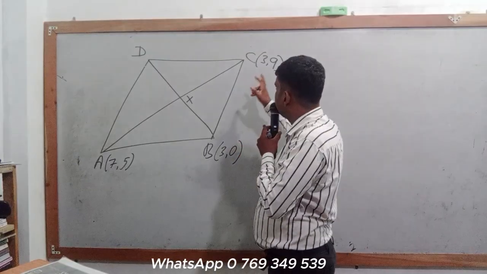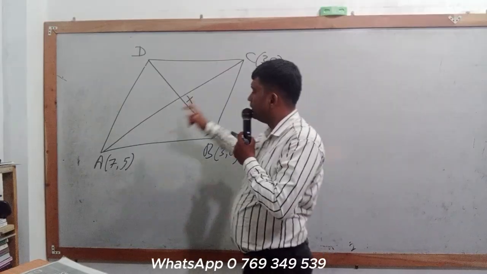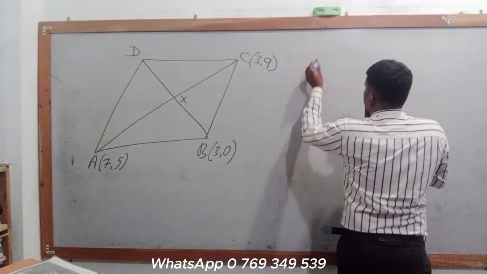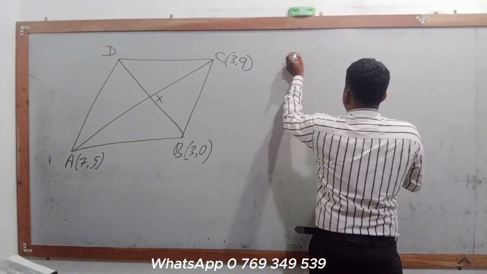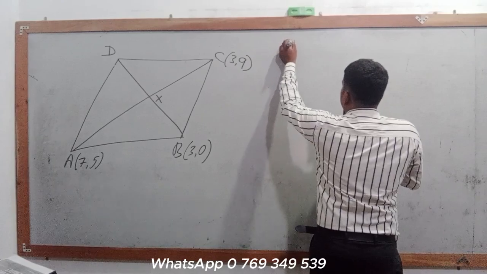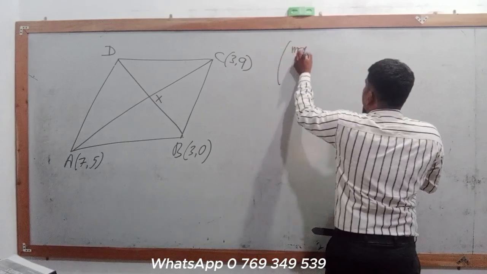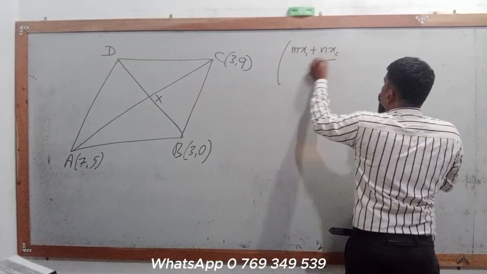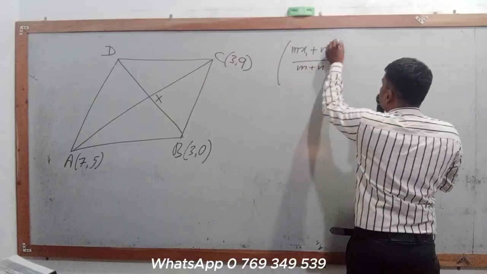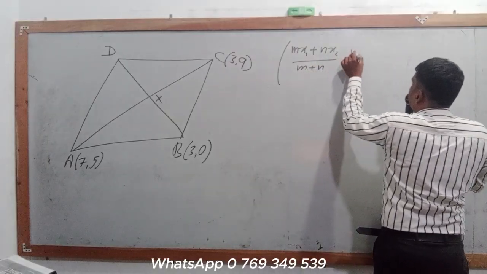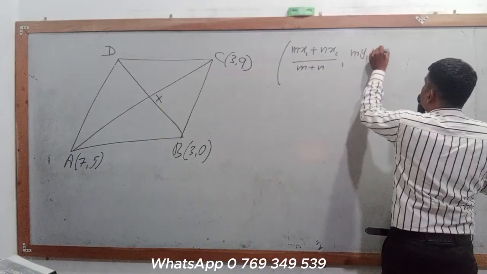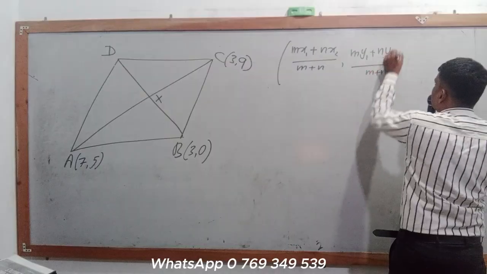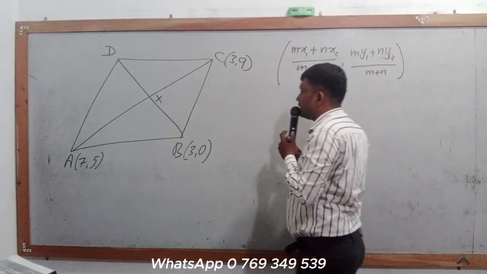Very simple, no? We have to add those things divided by 2. What is the theory? Theory is mx1 plus nx2 divide m plus n, no? my1 plus ny2 divide by m plus n, right?